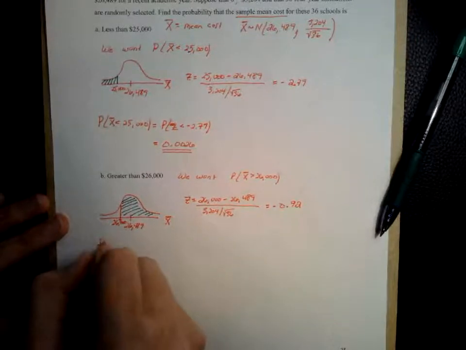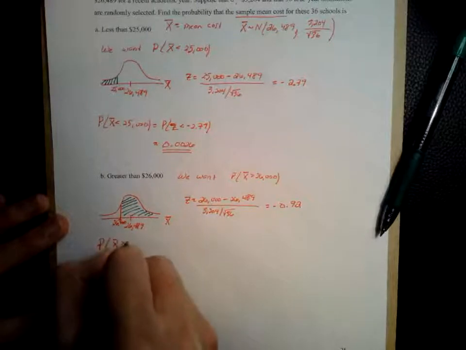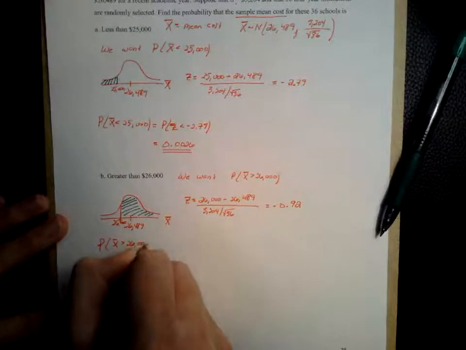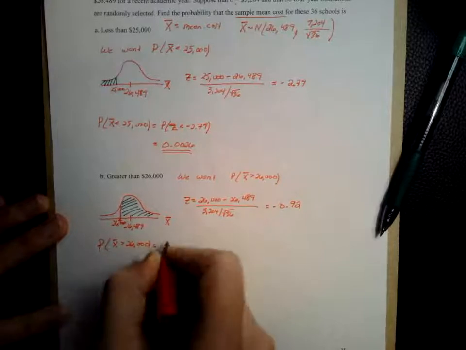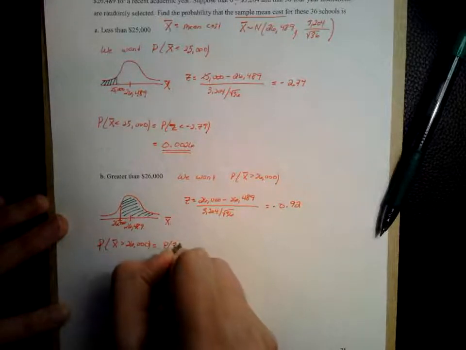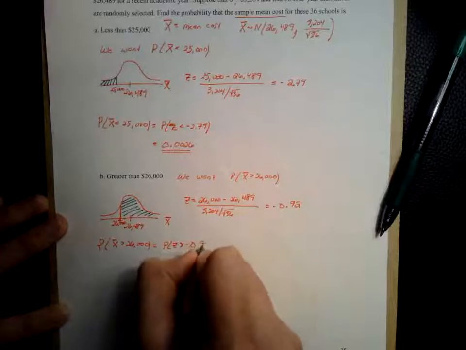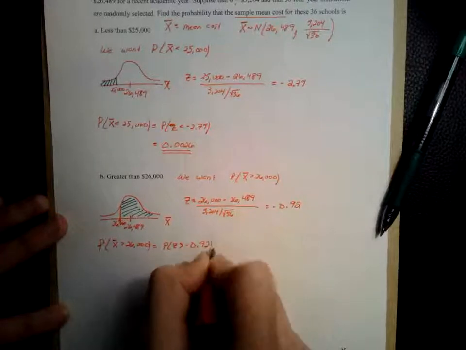Now, let's look at this. So that means the probability of x bar being greater than 26,000 is the same as the probability of getting a z-score greater than negative 0.92.